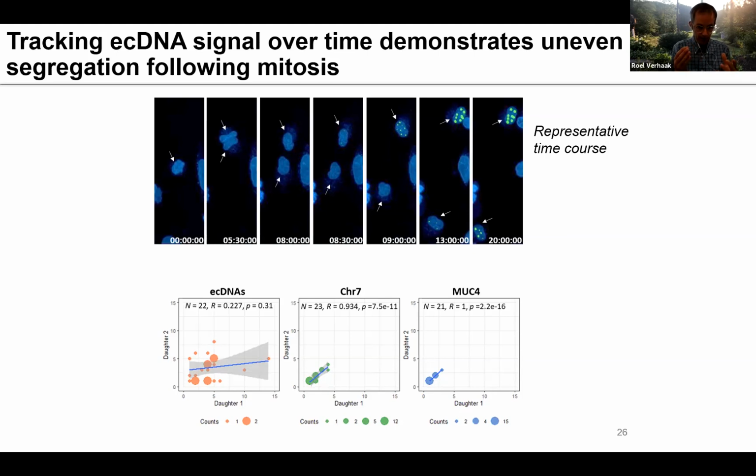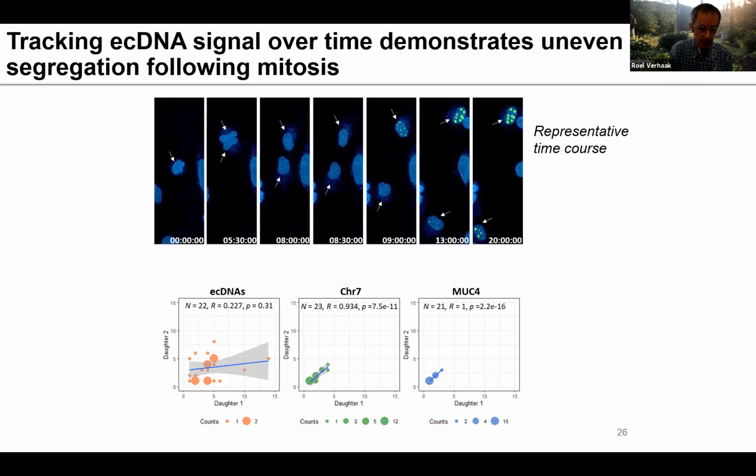Again, we're somewhat hampered by the use of just a single guide in our implantation. But there's no doubt that the 2 daughter cells here have a very different number of ecDNA molecules. Just counting by eye, you can easily appreciate that. So we then counted the number of ecDNA copies between the 2 offspring cells over a series of cells.